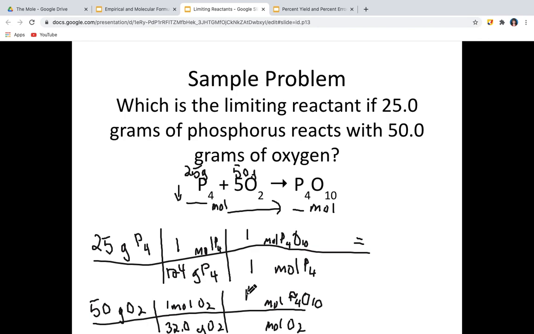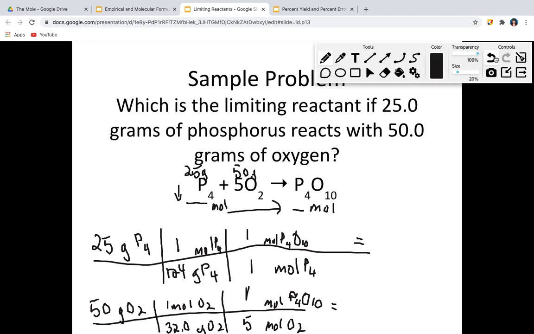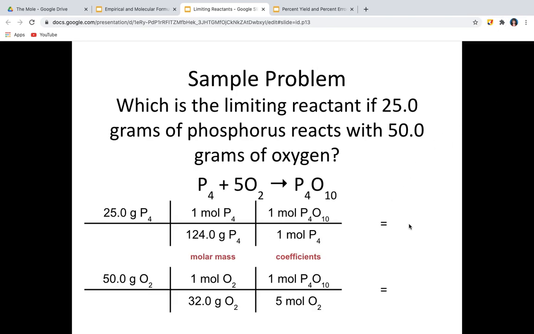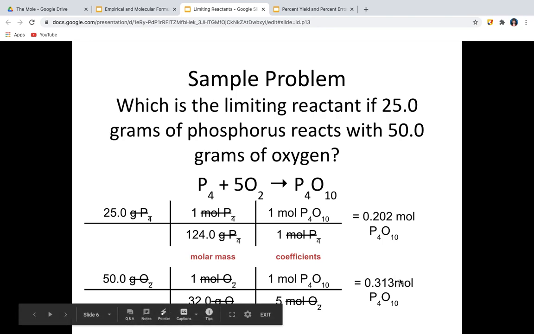Coefficients: we've got 1 in front of the P4O10, and 5 in front of the moles of O2. Multiply across the top, divide by what's on the bottom. Clean all of that up, multiply that through. We should get 2.02 moles produced from this P4, and 3.13 moles produced from the oxygen.